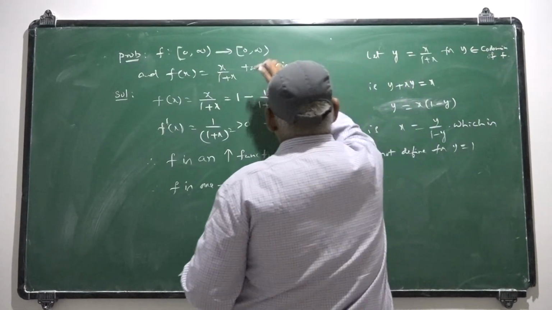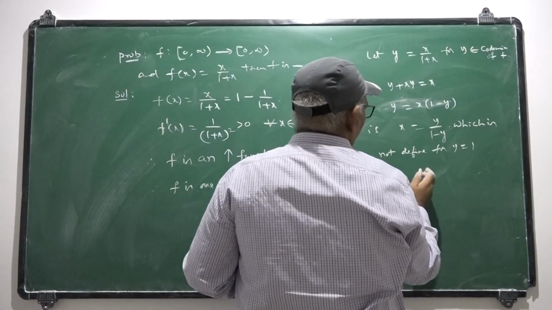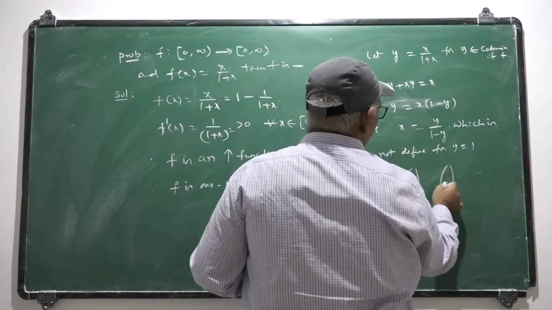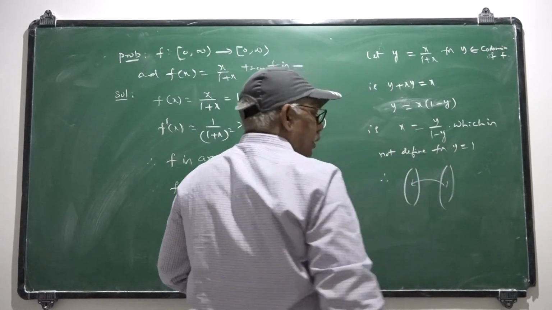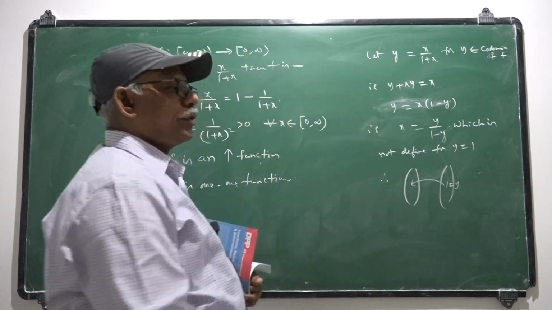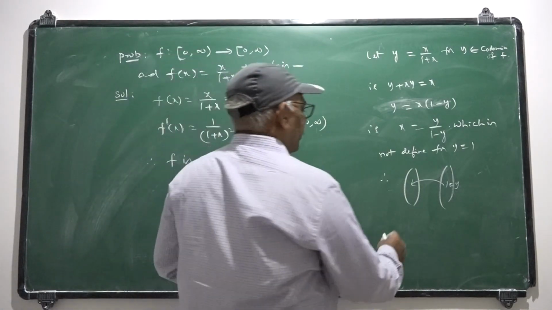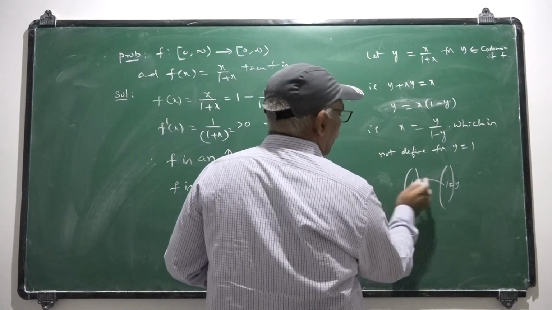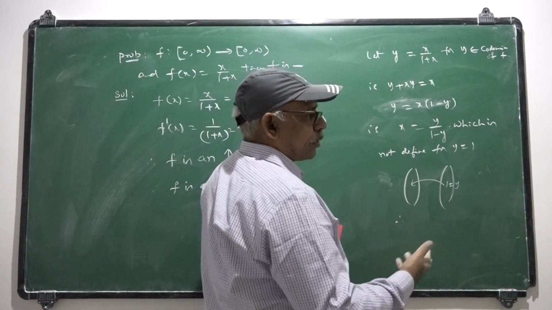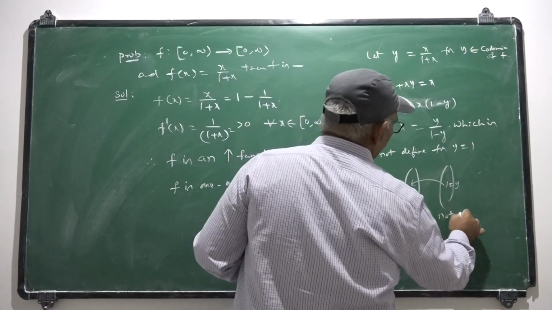Y equal to 1 is in the codomain. Therefore, for 1 in the codomain there is no pre-image. Once y equal to 1, you cannot find x in the domain. So one element is sufficient to show that the function is not onto. So f is not onto.